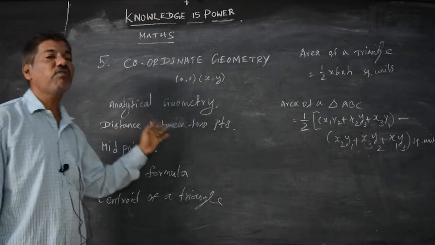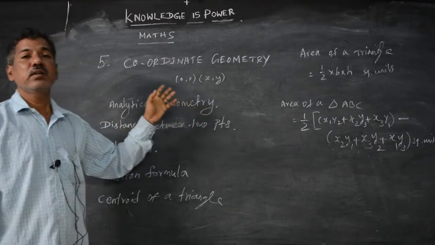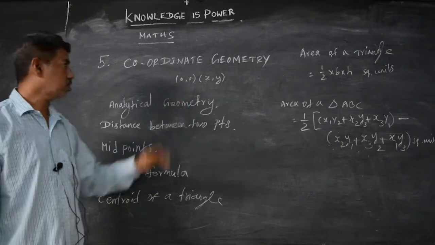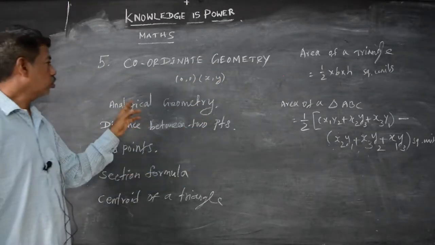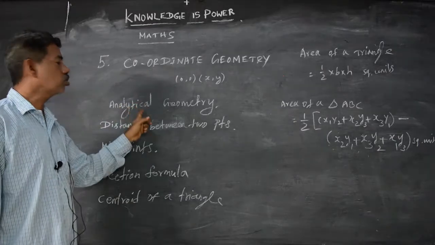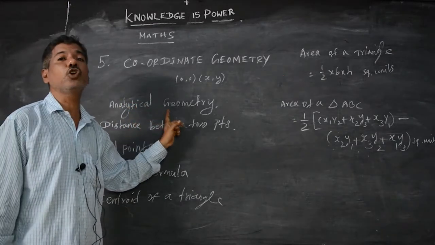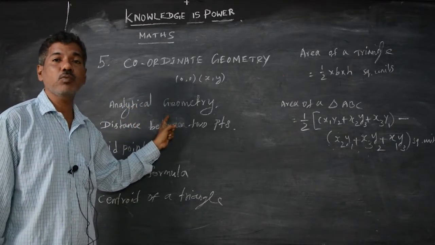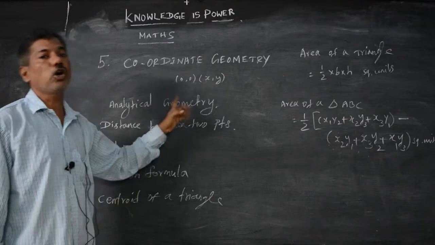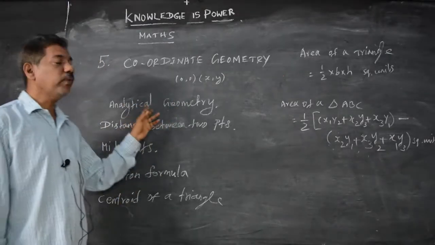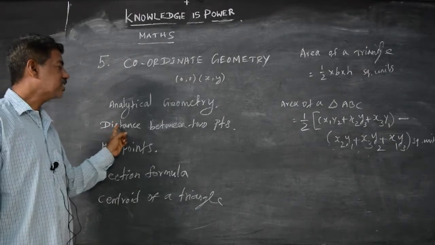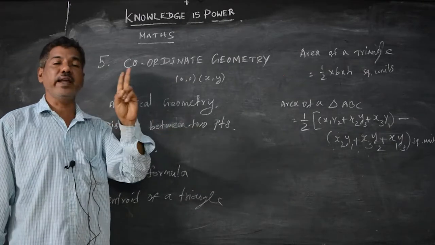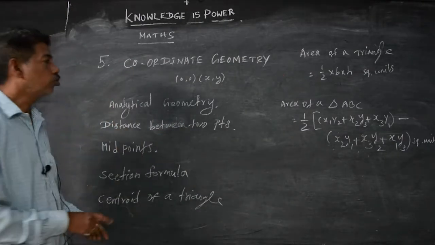So we have to follow certain equations based on these things. Last year itself I gave the information about certain things. Coordinate geometry is also called analytical geometry. In that we studied certain things last year. Distance between 2 points.